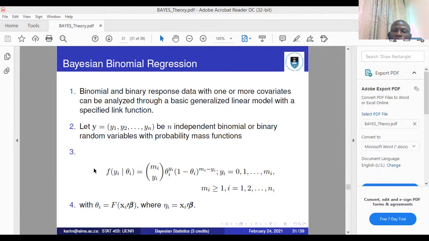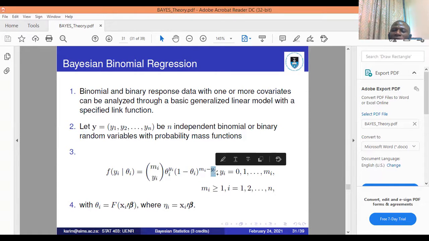And the binomial distribution for the random variable y, given a set of parameters theta, is m, which is the number of observations or trials, choose the response variable, times theta to the power of the response, where theta is the probability of success, and 1 minus theta is the probability of failure, raised to m minus the data values.